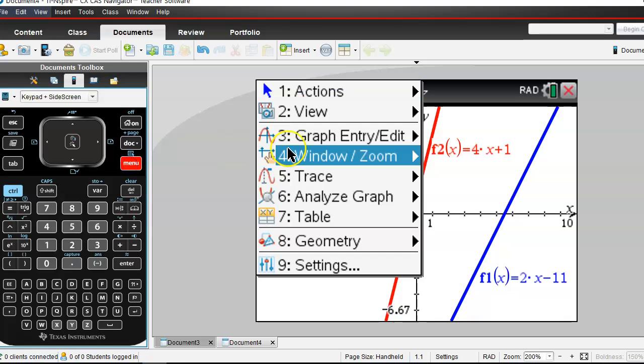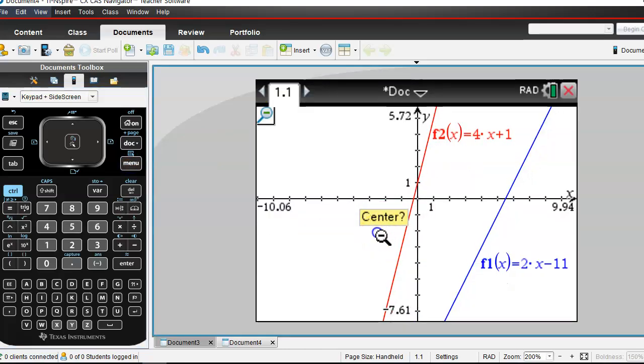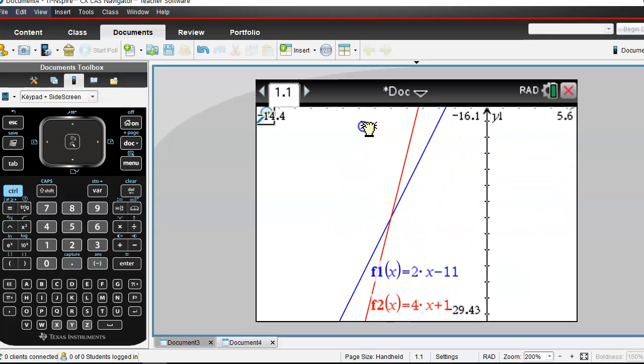If I go menu, Window, zoom out. I could also do a bit of dragging, which is admittedly easier on my window. Okay, we can see the intersection there.